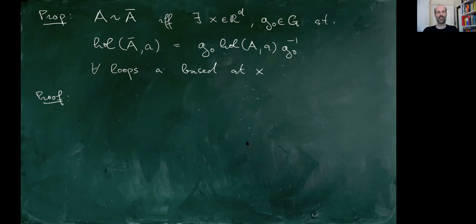It's not exactly a converse, but morally it is. A cleaner statement would be to say that if all Wilson loop observables are the same, then the two connections are equivalent. This is a slightly weaker claim, which is much easier to prove.